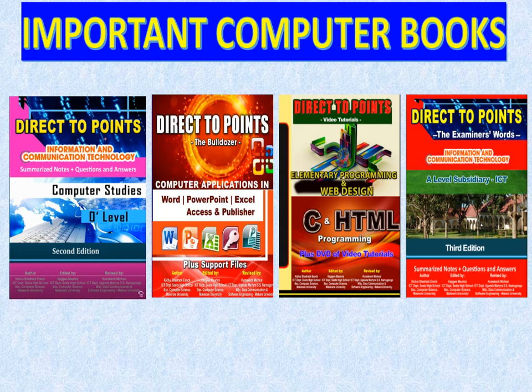Here we have Computer Studies O Level. It is found in several bookshops around Uganda, including Kampala. This is for O level, where you have all the computer studies notes, questions and answers, and also UNEB questions and answer approach.